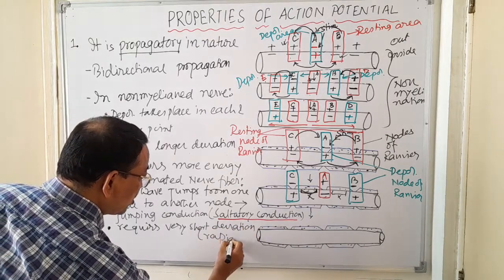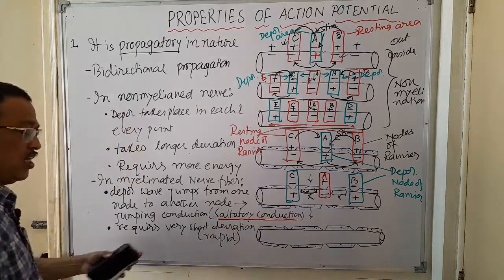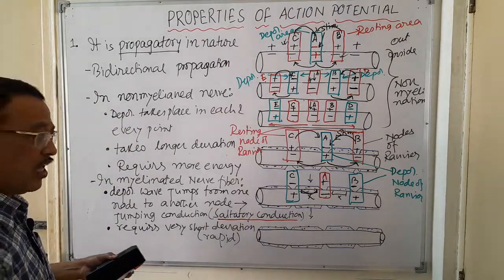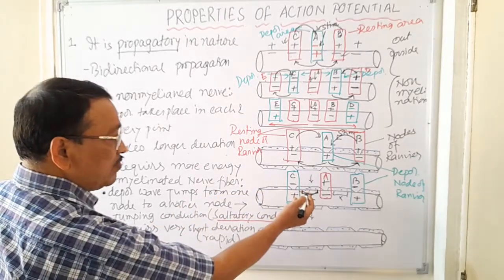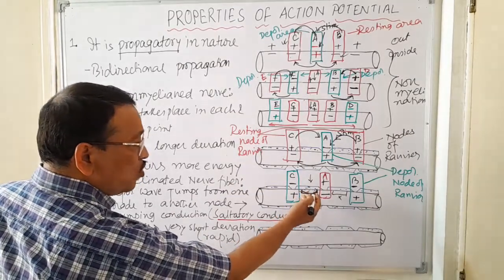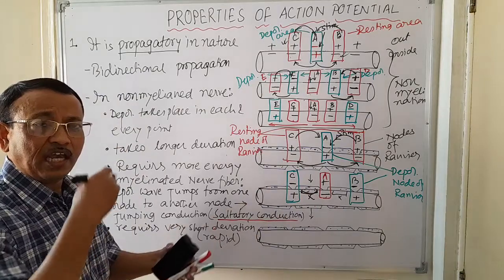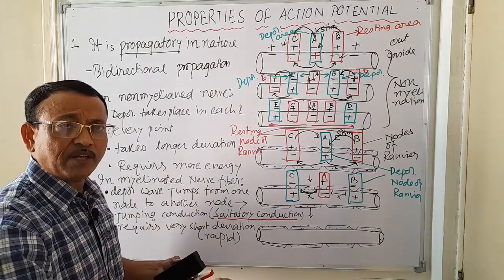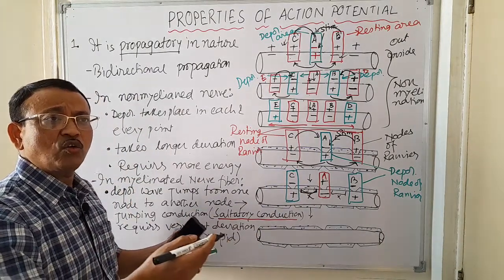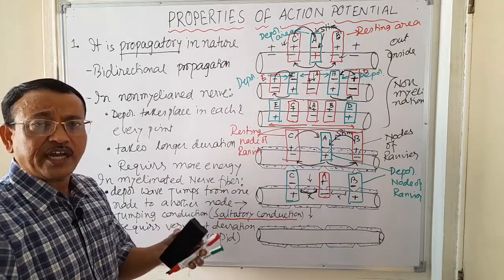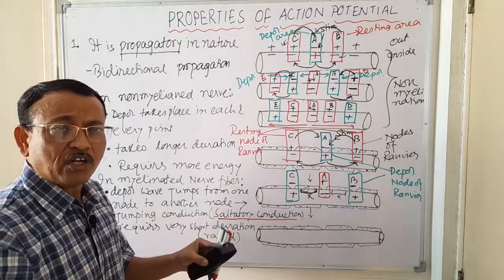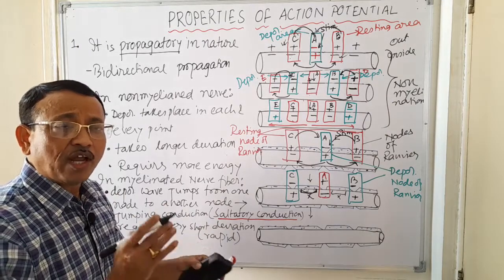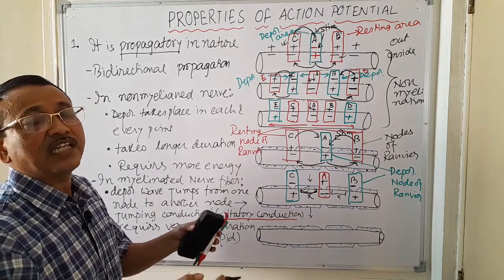This type of action potential conduction, saltatory conduction, is very rapid in nature, and in this case there is no need to depolarize each and every point of the nerve fiber, no need to open voltage-gated sodium channels and potassium channels at each and every point of the nerve fiber. So the requirement of energy is less.